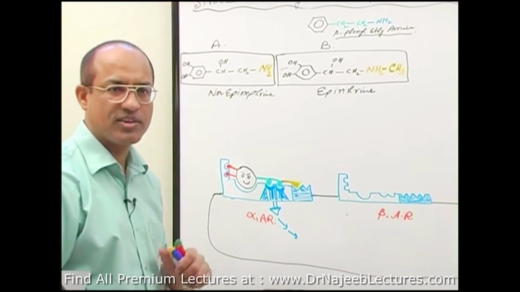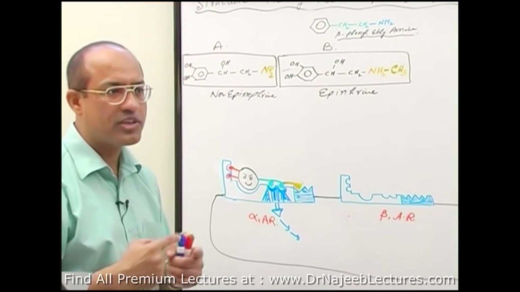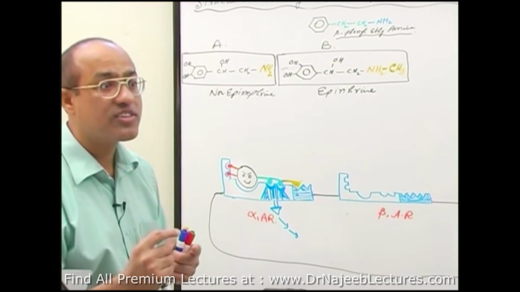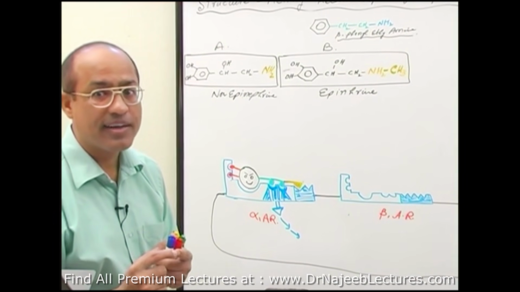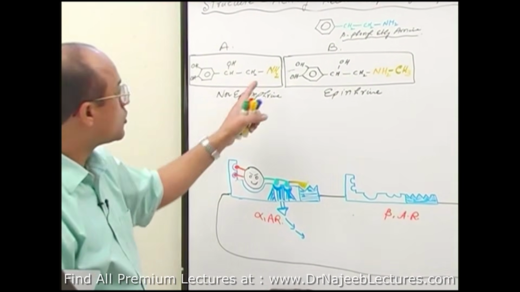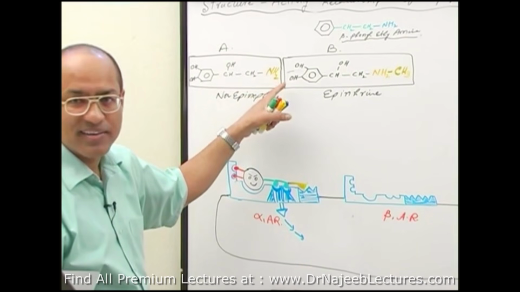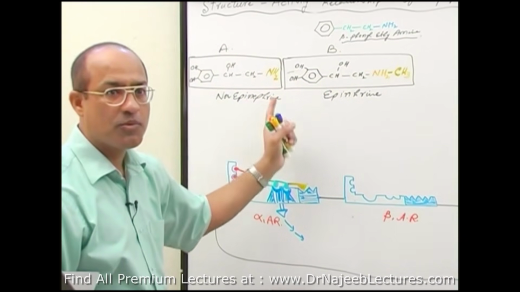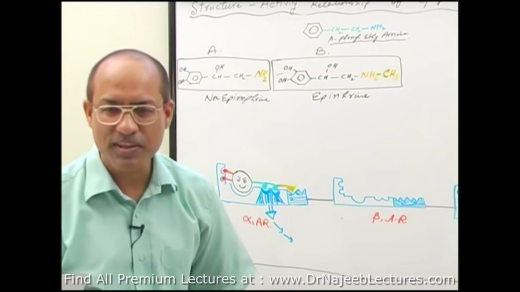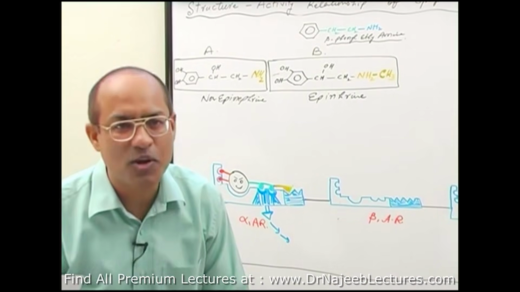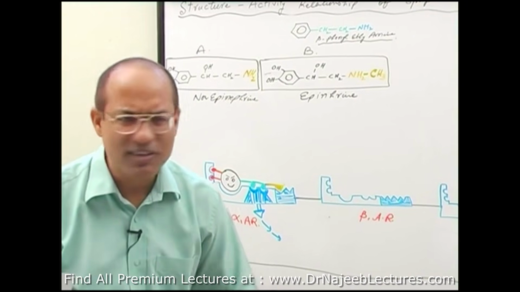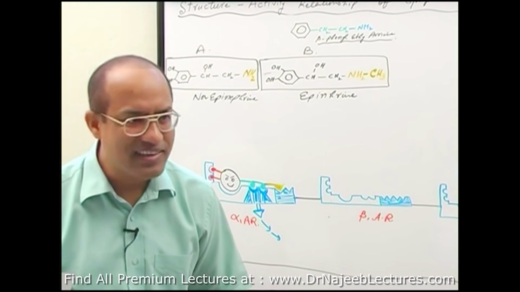You remember in previous lectures when norepinephrine is produced in the vesicle, then it goes to the cytoplasm. There is an enzyme called methyl transferase. We transfer a methyl group to the norepinephrine amino end, and the compound converts from norepinephrine to epinephrine. You know the easiest way to remember epinephrine? Epinephrine is methylated norepinephrine. That's so simple. Is that right?